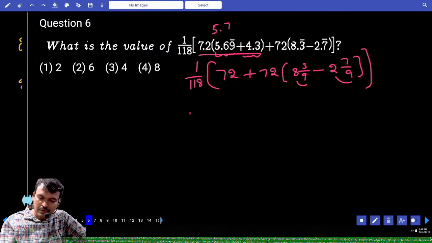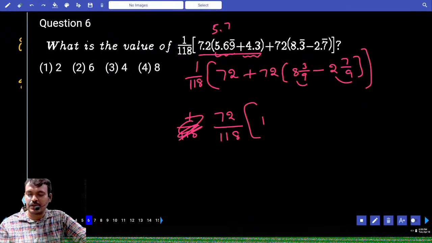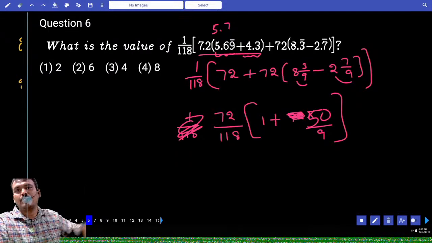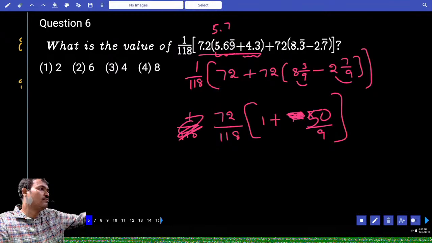Okay. Wait, 1 by 118. Which ones are common? Numerator 72 is common. What is the remaining value in the first term? 1 plus 72 into 72, already common. What is the remaining? 50 by 9. 1 plus 50 by 9 means 59 by 9. 59 how many times 118? 2 times. 9 how many times 72? 8 times.